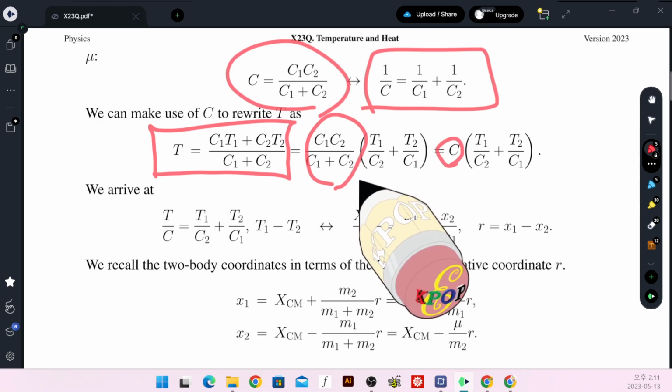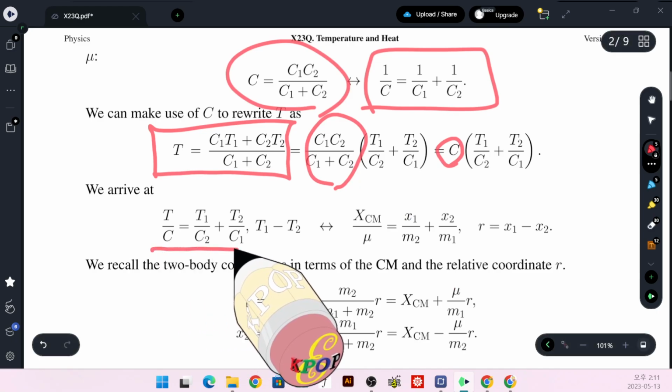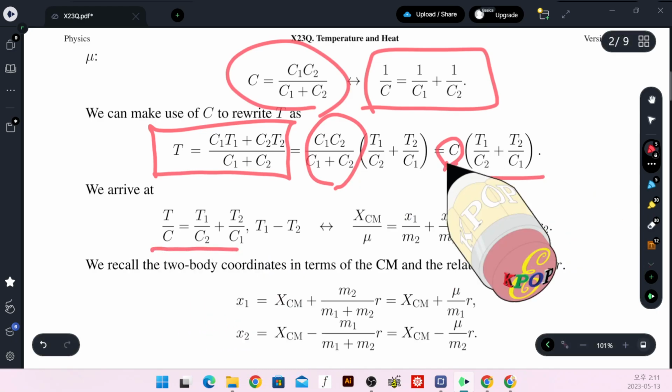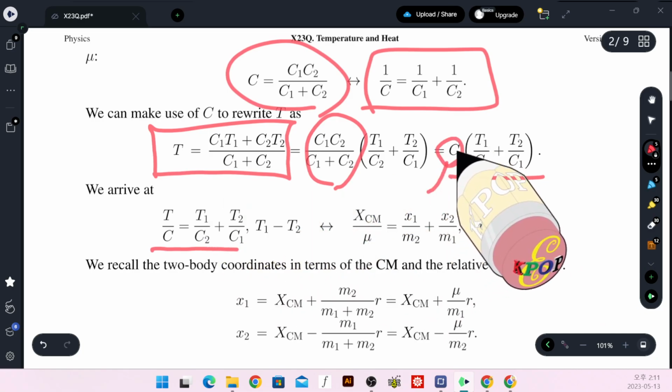All right, we arrived at the point. This formula, according to this, dividing both sides by C, we have this.